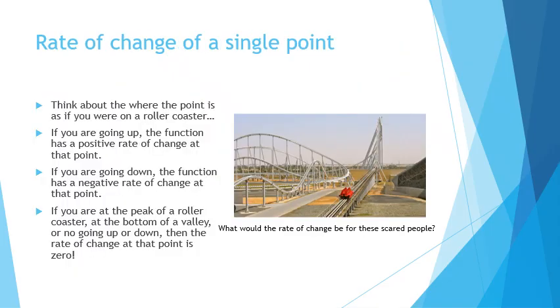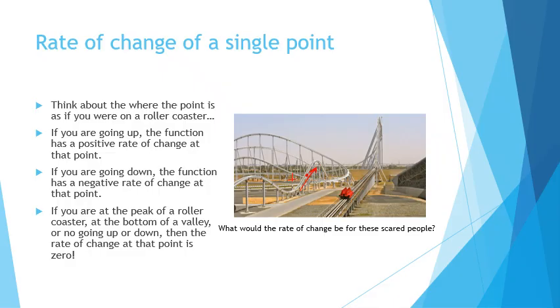All right, so let's find the rate of change at a single point. The way I like to describe this is to think about where the point is as if you were on a roller coaster and you were at that point. If you're going up the roller coaster, at that point, you would have a positive rate of change. If you were going down the roller coaster, you would have a negative rate of change.